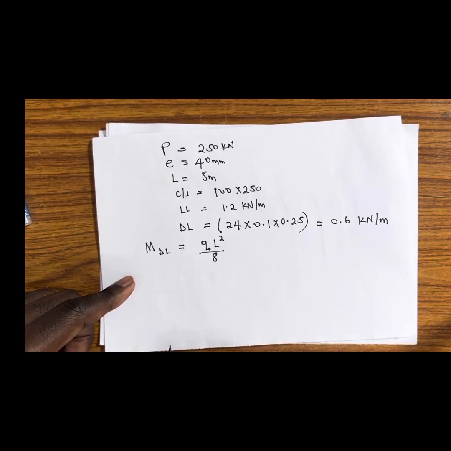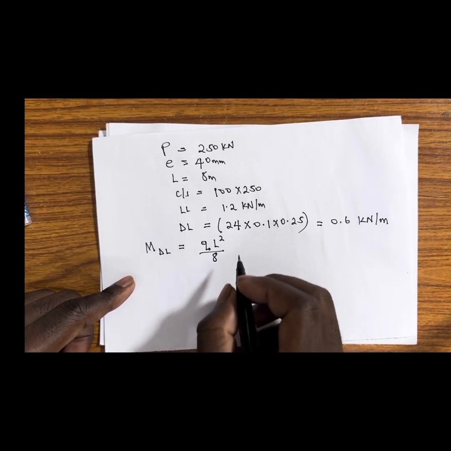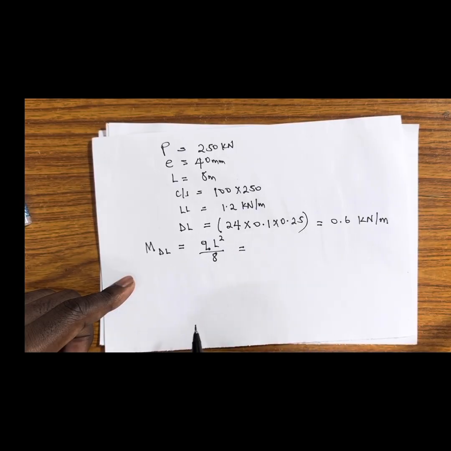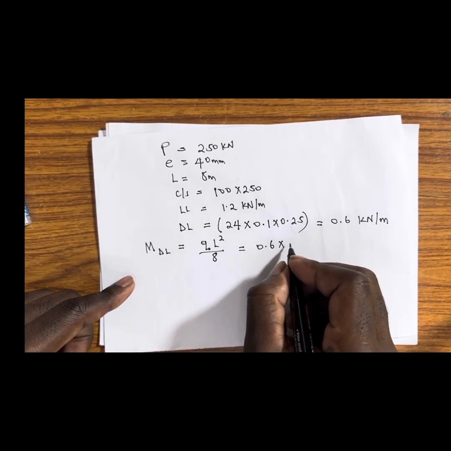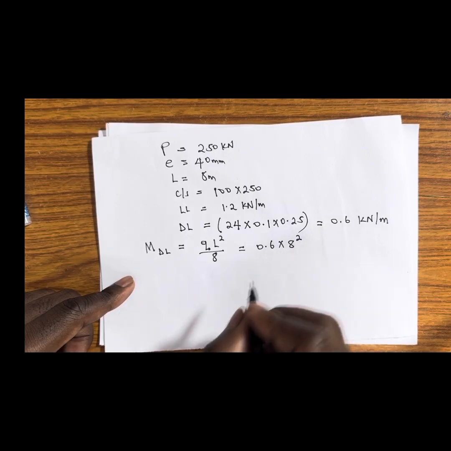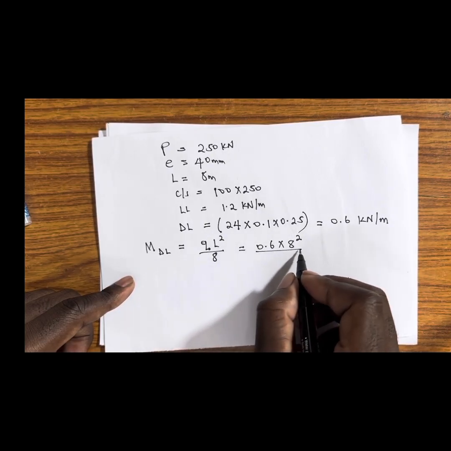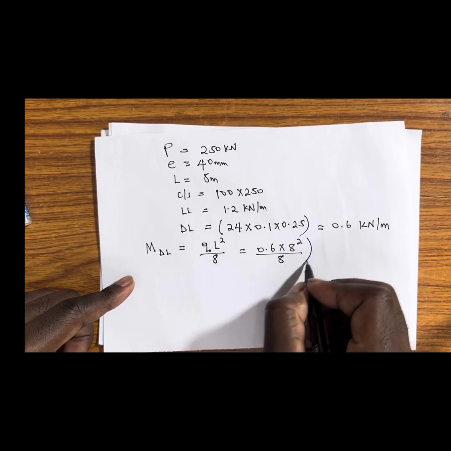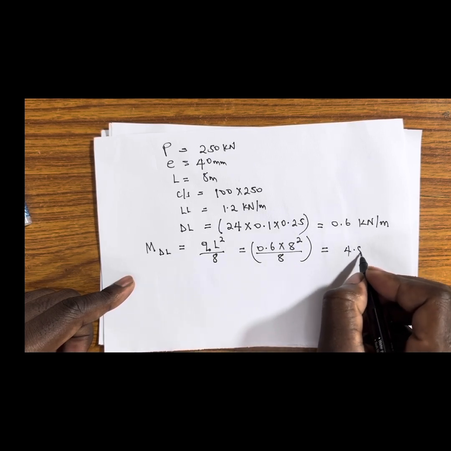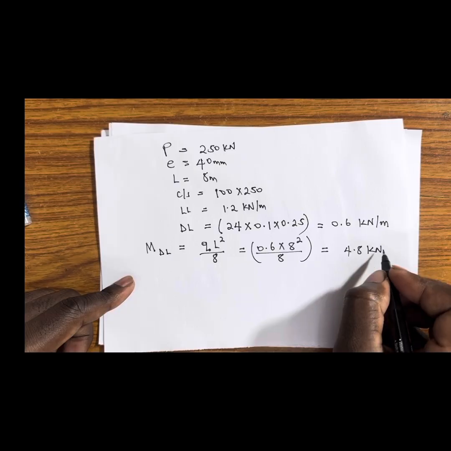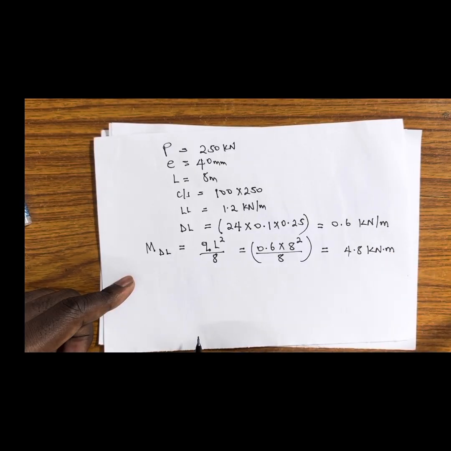Remember, this is a simply supported beam and we're finding it at the center where it is maximum. So this is going to be 0.6 times span 8 squared, then divide this by 8. This answer is coming to 4.8 in terms of kilonewton meter.